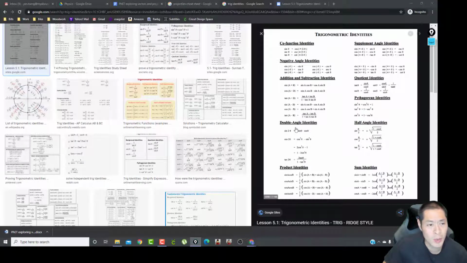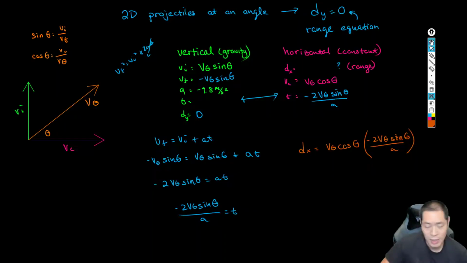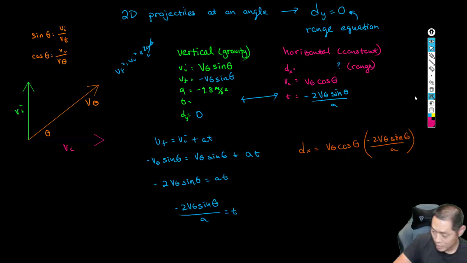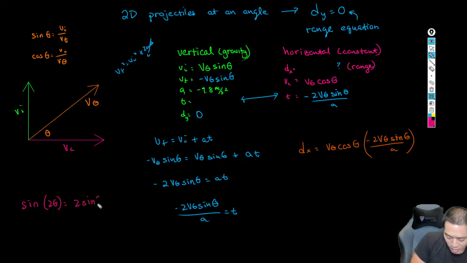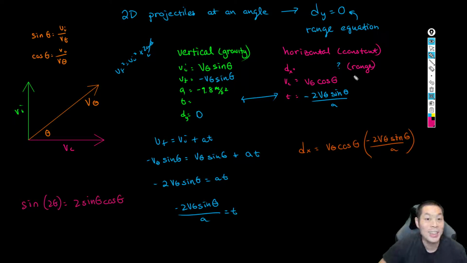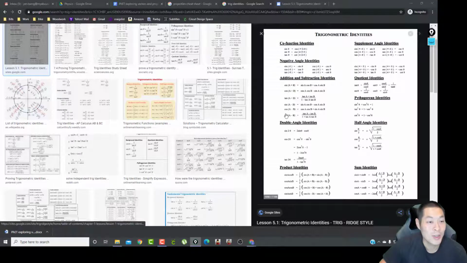Okay, so let me rewrite that. Sine 2 theta is equal to 2 sine theta cosine theta. And let me make sure I did it right. Right here.